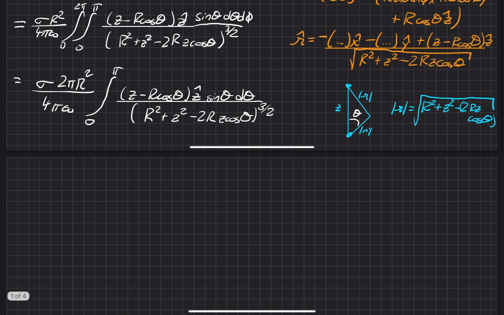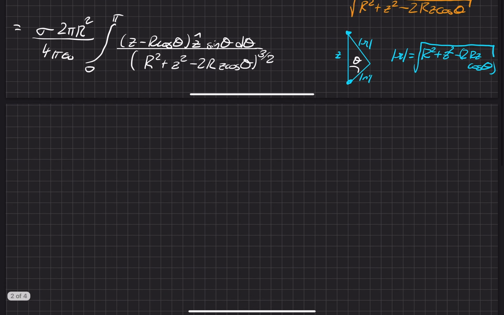Okay, so I'm going to scroll up a little bit here because we've got a lot of work to do. There's this nasty looking integral, including this sine right here. An important thing to note is you can do this integral using u-substitution, which is totally fine. However, I personally enjoy using the integral tables for this kind of thing.